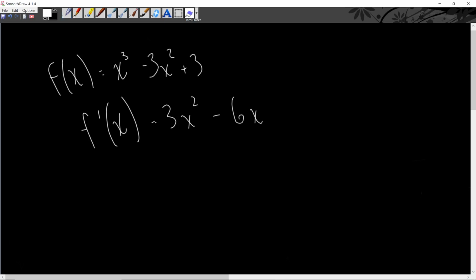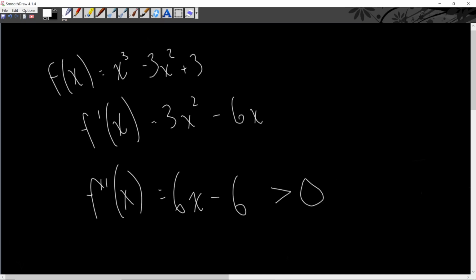Now our second derivative is going to be f double prime of x, and so n equals 2. We can bring that out. 2 times 3 is 6, times x to the 2 minus 1. And the derivative of x is 1, so we have 6x minus 6, right? Okay, and we are asked when this graph is concave upwards, so when is f double prime of x greater than 0?